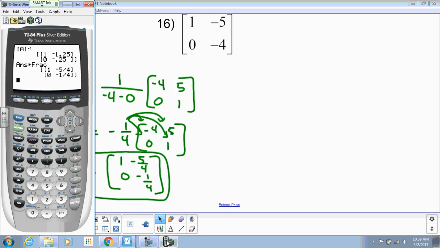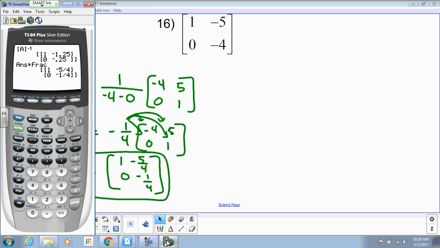Anyone need some help with that? Where's the inverse button? It's right under math. It's not second, it's just X inverse there. If you hit math, enter, enter. Okay. Anybody else?